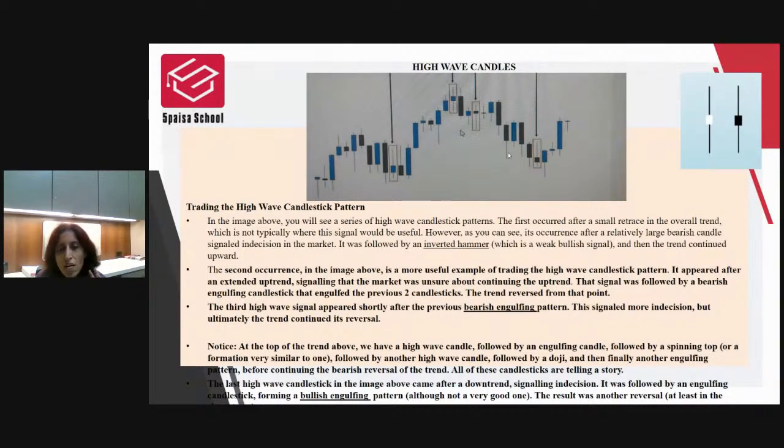So if you are seeing a high wave candle or a doji or a spinning top, you then have to see the immediate or the following day's chart, which will give you a more in-depth understanding as to what your position should be.